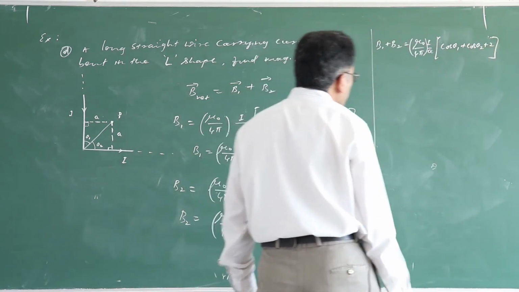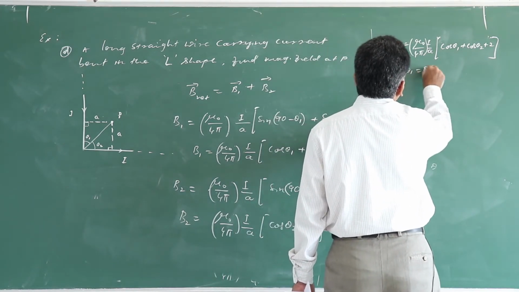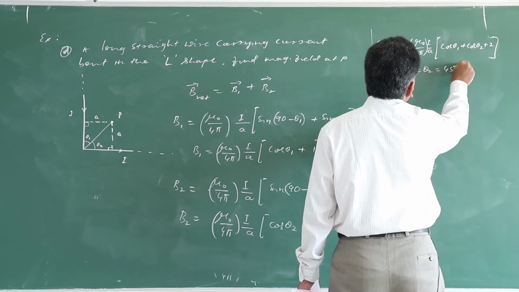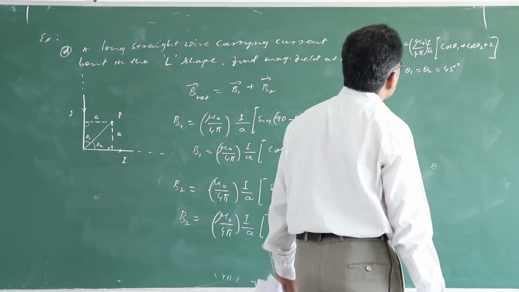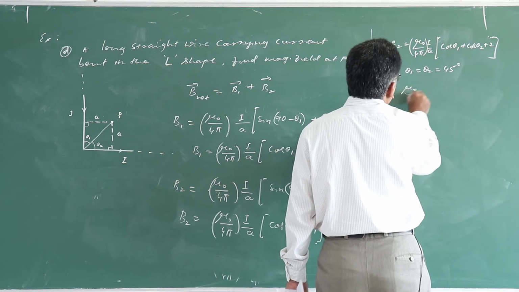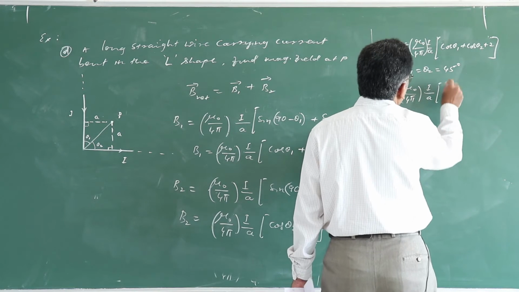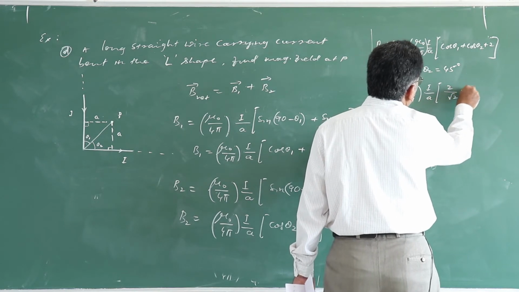Here what is theta 1 and theta 2? Here theta 1 is equal to theta 2 is equal to 45. See, therefore you will be getting mu naught by 4 pi I by A, 2 by root 2 plus 2.